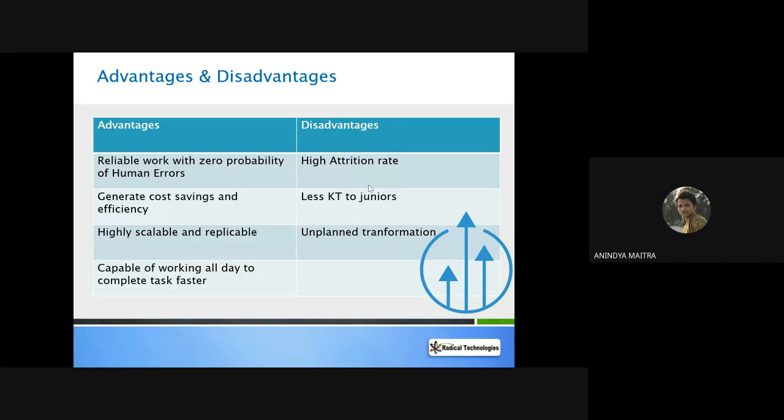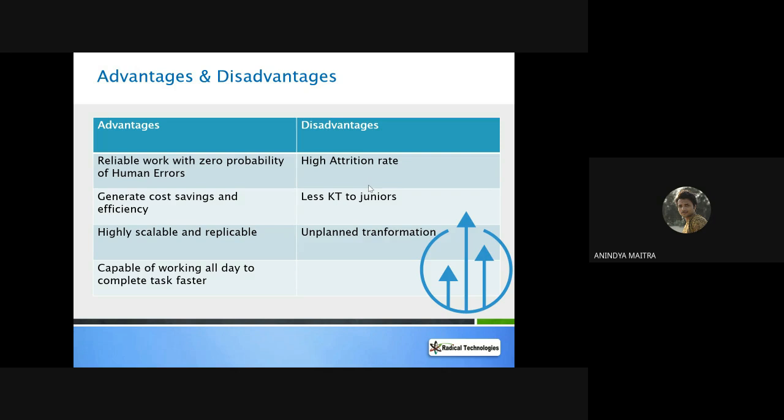So for a large process, we do not usually create robots in one go. We do it phase-wise, in the agile method. We start with a very small phase, then we move up to more phases, and like that we cover the entire process.